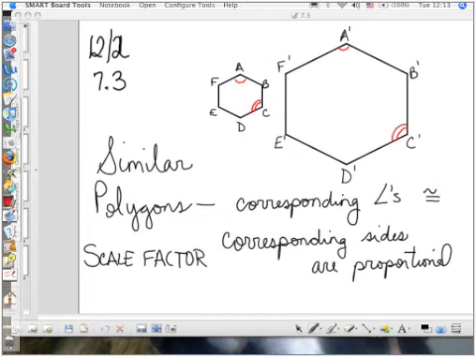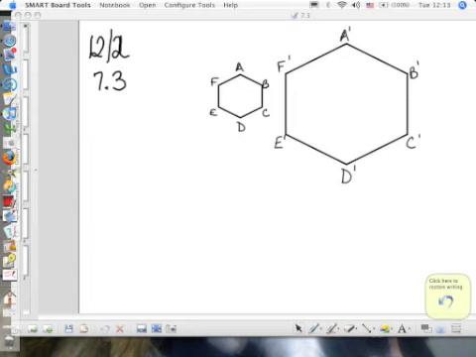So the symbol for similar is this. If I were to say that 2 triangles were similar, I would say triangle ABC, then put this symbol, then triangle DEF or whatever. Both conditions must be met for them to be similar, not just one or the other.